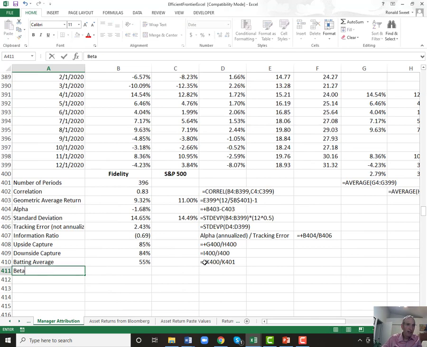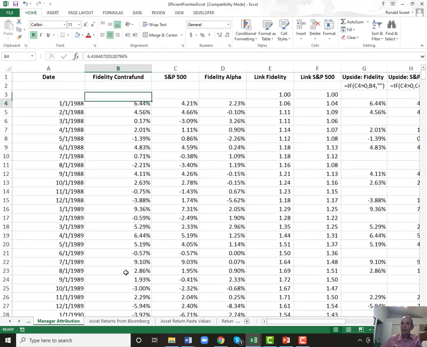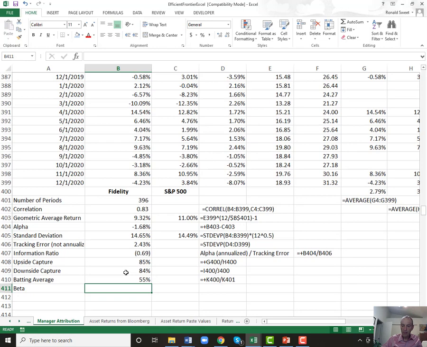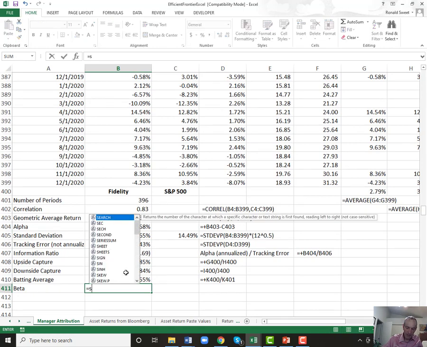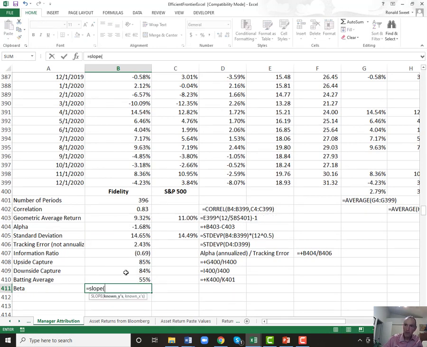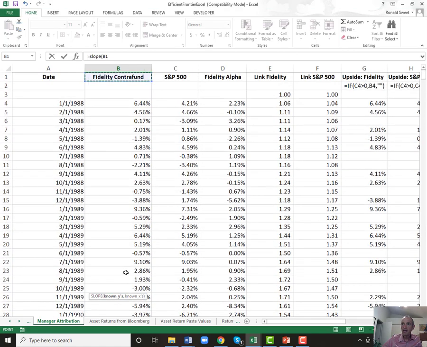All right, next we can do beta. Beta is very, very simple. I tell you what I'm going to do. Because you may not have S&P as your comparison, I'm going to take, this fund goes back to 1988, so just know where you're going back to, January 98. What I'm going to do is do my beta from this page. So you do equals slope and you highlight your fund.